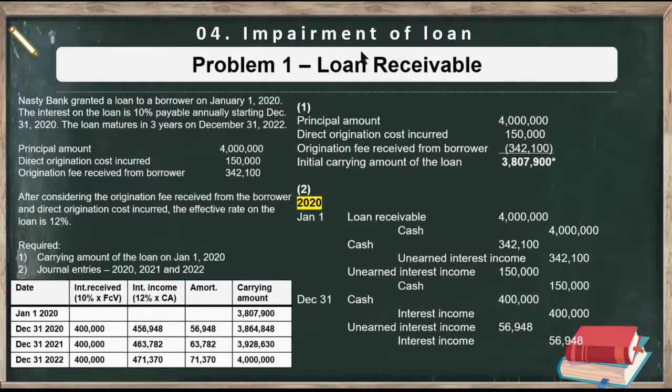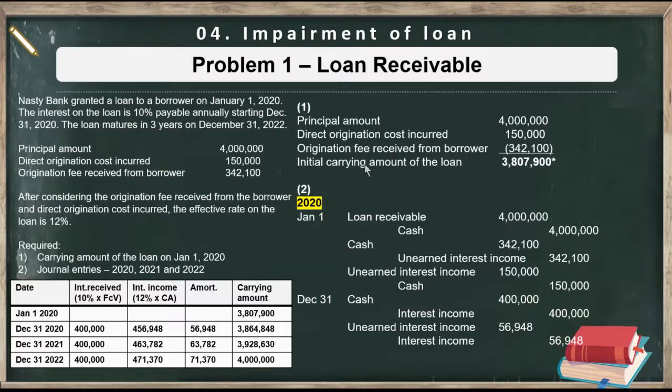So what is the other way of getting the carrying amount of the loan if we don't use the table? Actually, the table is the easiest. But you can also take 4 million minus the balance in the unearned interest income. How much is the balance? Going back to our computation, 342,100 credit, minus 150,000, minus 56,948, that's 135,152.